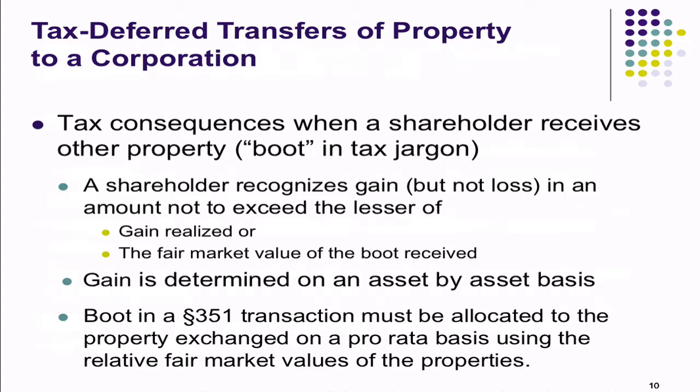So I would look at the fair market value of the land, I would look at the $1,000, I would add that all up, and I would have to allocate what I got back to the property that I exchanged on a pro rata basis. So what it means is what? I'm probably looking at the lesser of gain realized or fair market value of boot received. If I got the land with no additional liabilities to it, then the fair market value and the dollars would be added together, and that's my gain for the property that I got back.